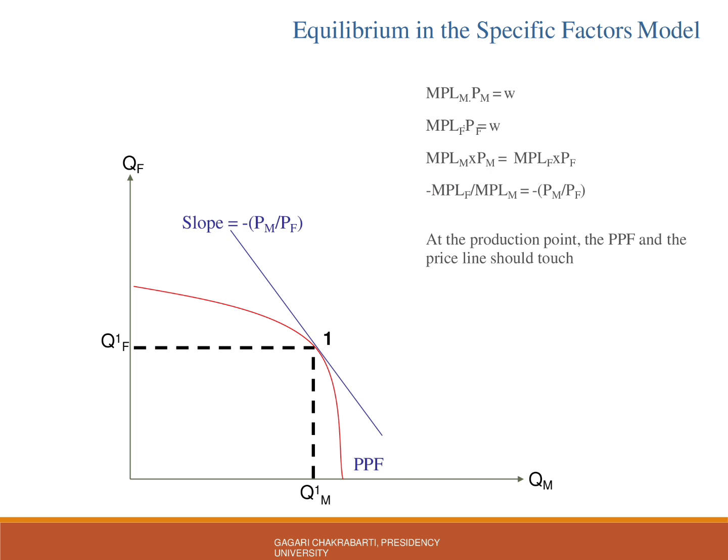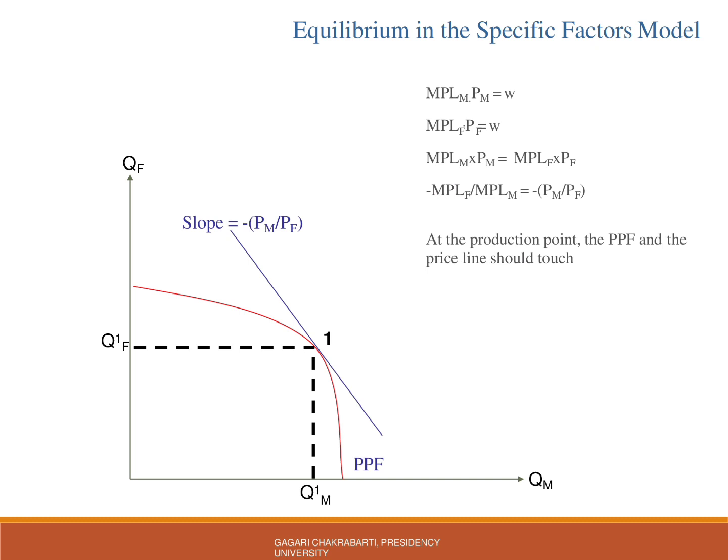The equilibrium conditions are MPLM into PM is equal to W from the manufacturing sector, and MPLF into PF is equal to W from the food sector. So therefore the wage rates are equal. Therefore MPLM into PM should be equal to MPLF into PF.